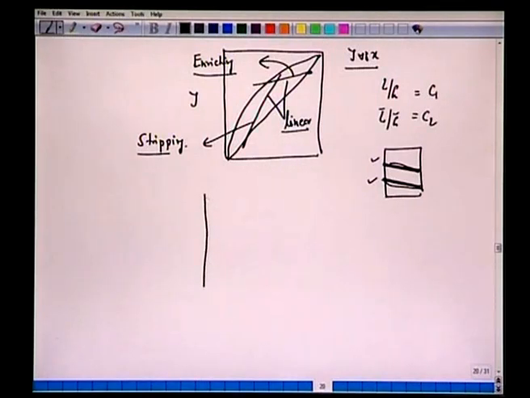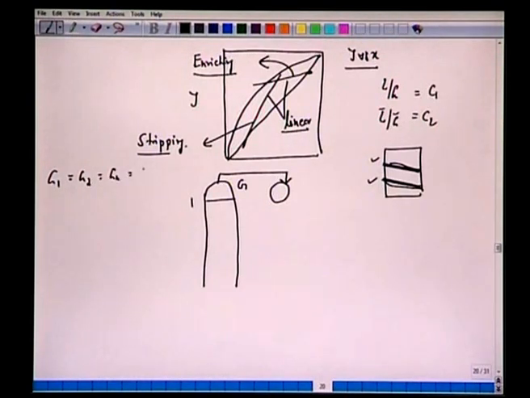Let's see how we can do it with a simple example, this distillation column with a total condenser. So we have these plates here. At the top plate 1, the vapor which arrives at this condenser has a molar flow rate G. Notice here that we don't have any subscript. Why? Because we said that all G1, G2, Gn are the same.